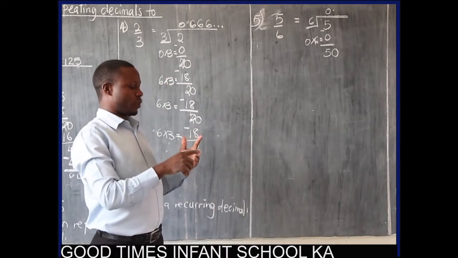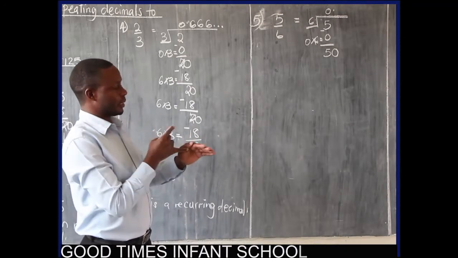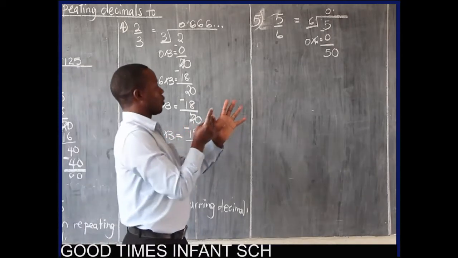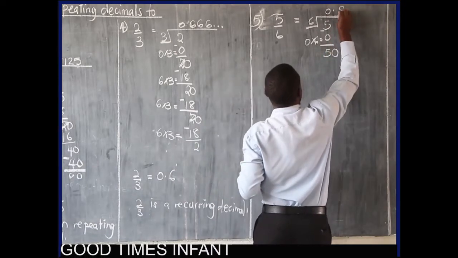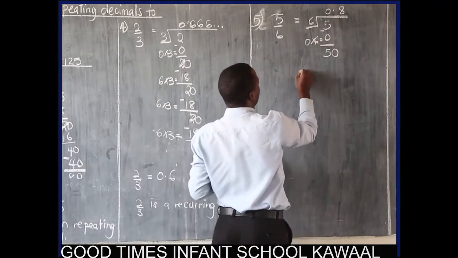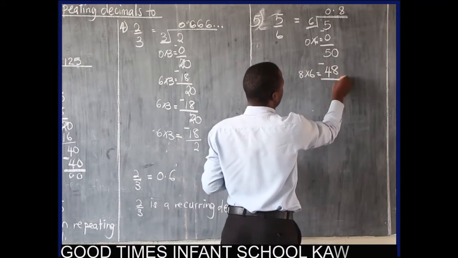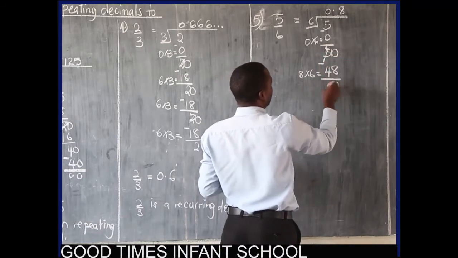6, 12, 18, 24, 30, 36, 42, 48. So in my hands I have 8 6s. So that means 8 times 6 will give me 48. So when I subtract this one, we get 2.